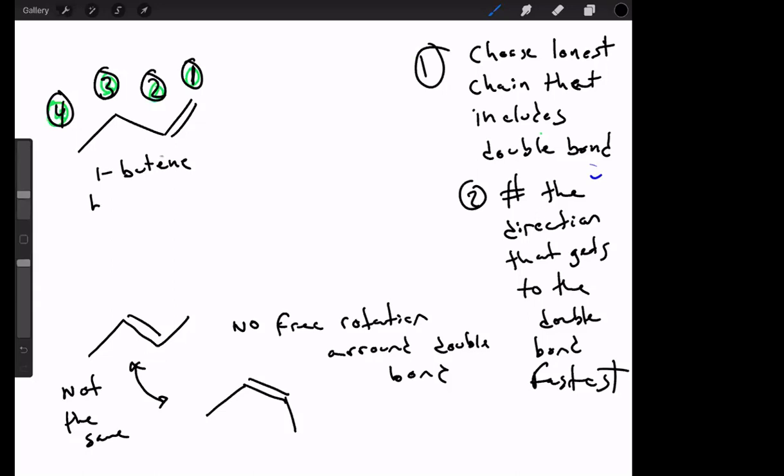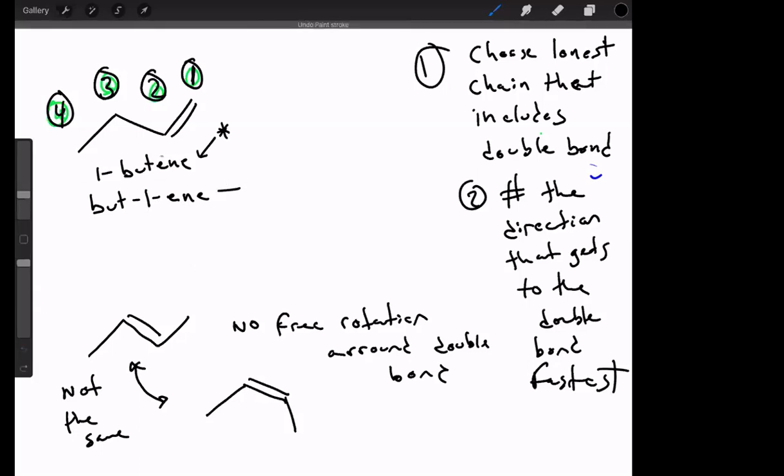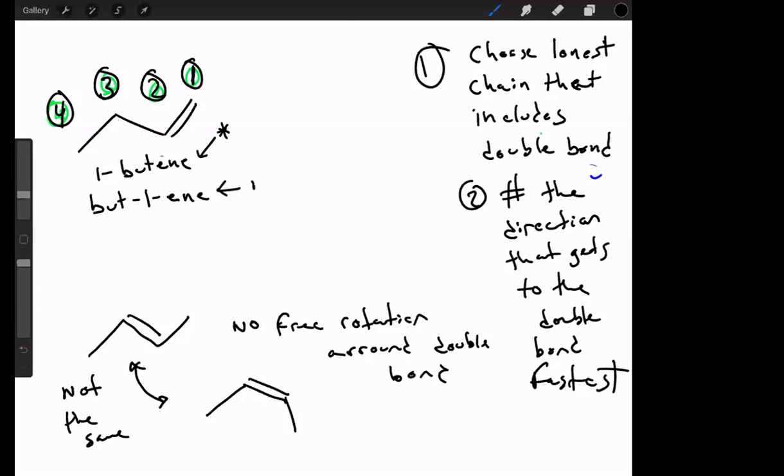But you'll see later on as you get more experience why I prefer the second choice. You can also say but-1-ene, to tell the reader where the ene actually is and sort of break up the root of the name. While this does seem simpler at the moment, this one is a little bit more structurally straightforward, so I think it makes a little bit more sense in the long run. And we'll see why that is in a bit.